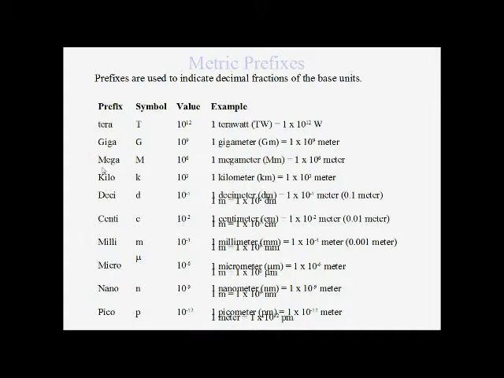Above that would be mega, symbol capital M. This means a million, 10 to the 6th. In the prefix system, we generally are doing multiples of 1,000, although there are a couple that step in between. Giga, symbol uppercase G, means 1 billion, 10 to the 9th.